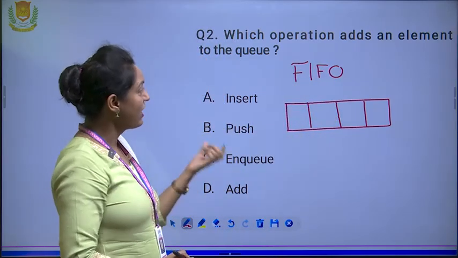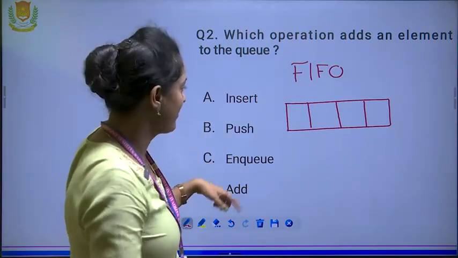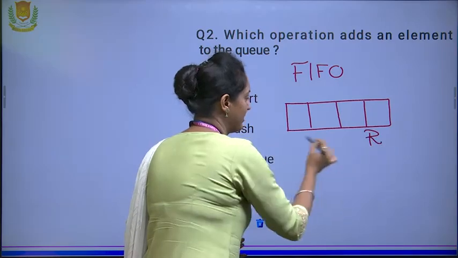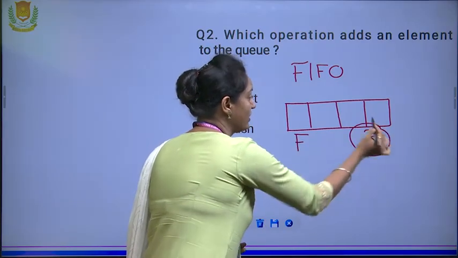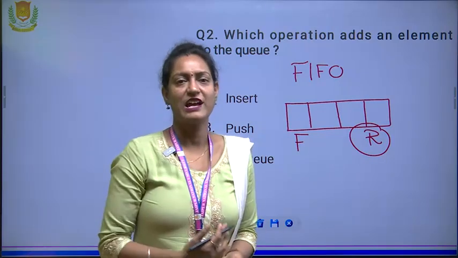So if I want to add an element, from where can I add? I can add from the rear end. So what is the name of that particular operation regarding queue?